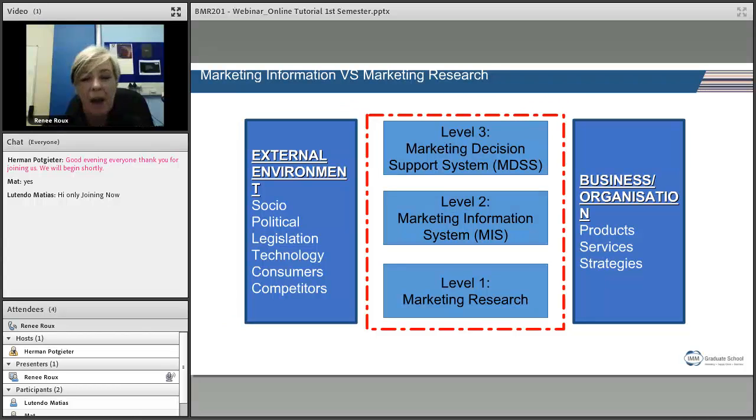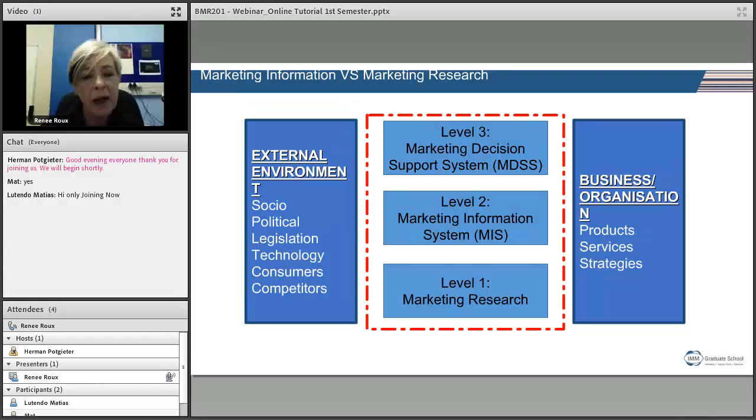You can maybe have scenarios and what-if situations. You can do segmentation. So it's really a lot more enhanced than level 1 and 2. But market research features very prominently in level 2 and level 3 as well.